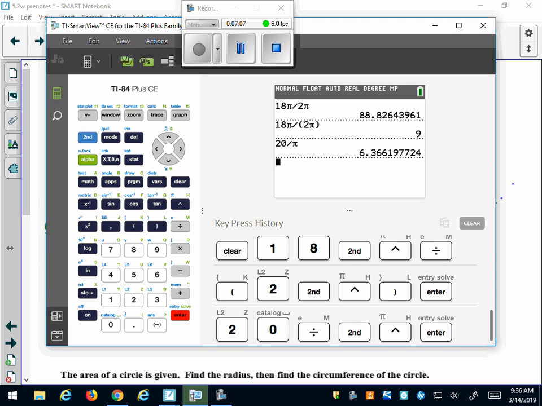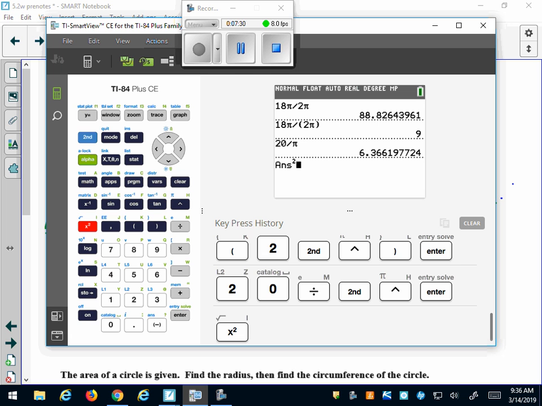So instead of rounding this to 6.37 and then entering that squared into my calculator, I'm going to let my calculator do the work. My calculator already has that full radius stored there. Now I have to square that as part of my area formula, right? I have to do r squared. So if I just push the squared key, it'll automatically take that last answer and square it.